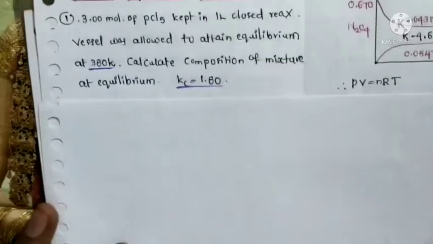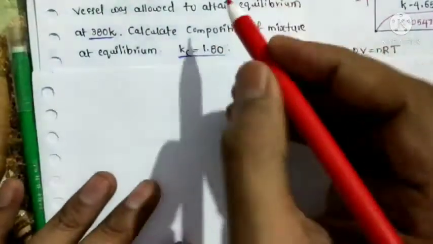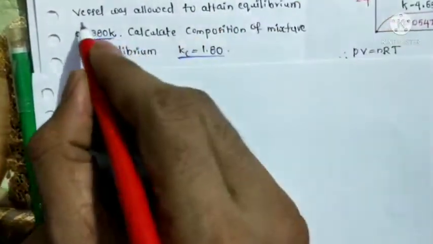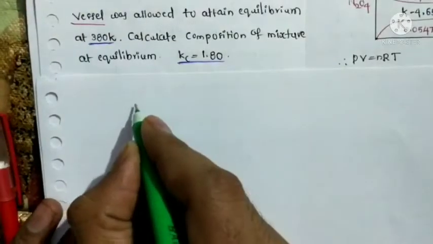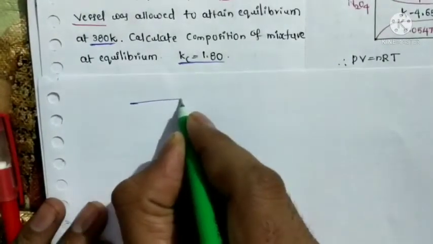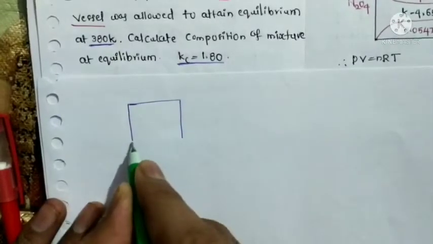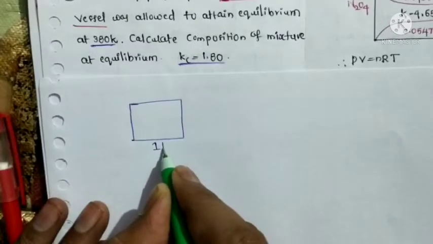So what happened here? How much is the container capacity? It is a closed reaction vessel with 1 liter capacity.